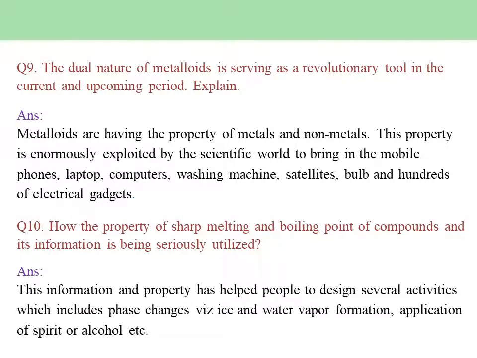This information and property has helped people design several activities which include phase changes. If we have the information at which particular temperature a compound will melt, and at which temperature it will start to boil, that means a change of phase, either from solid to liquid, or from liquid to gas, or from gas back to liquid, or from liquid back to solid.